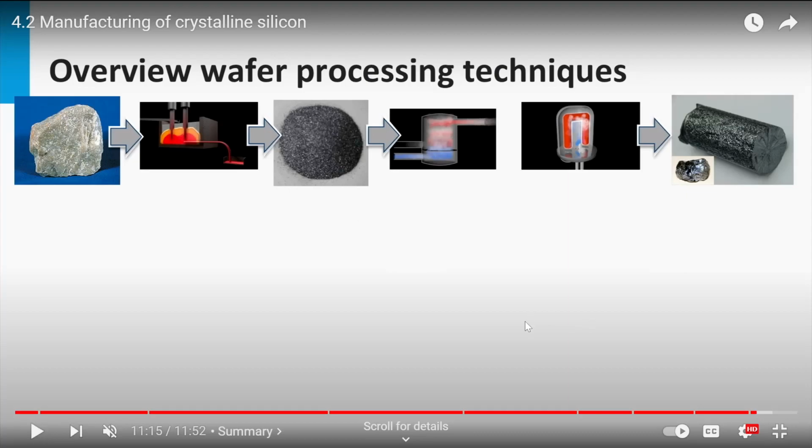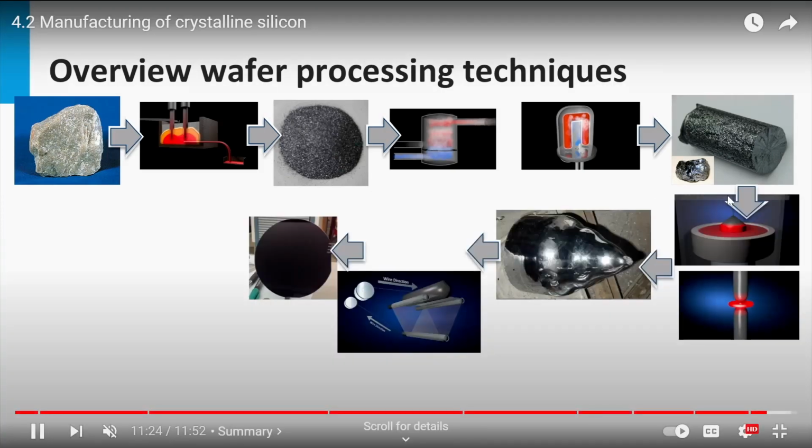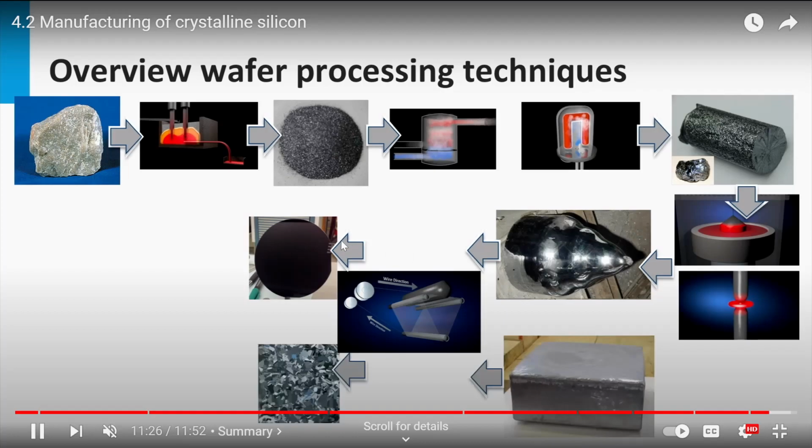Here you can see from the rock form to metallurgical silicon, from this to polycrystalline silicon, and from this to ingots and then wafers. So this is the entire process.